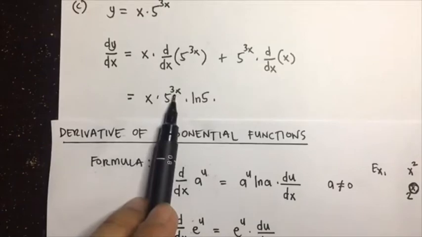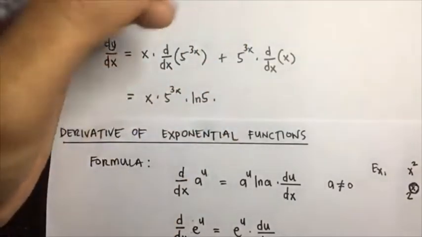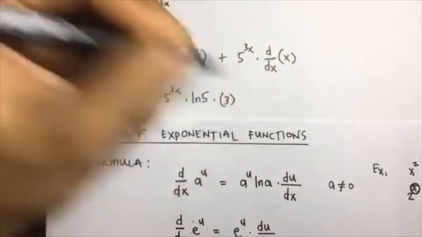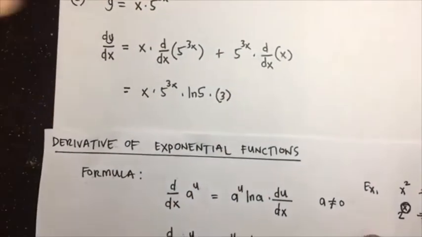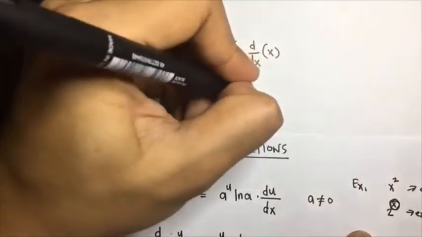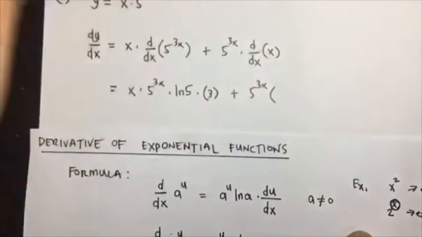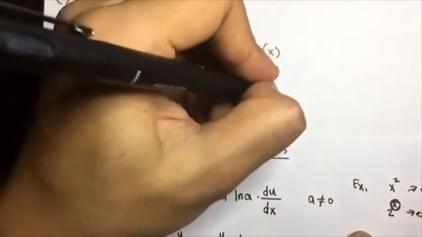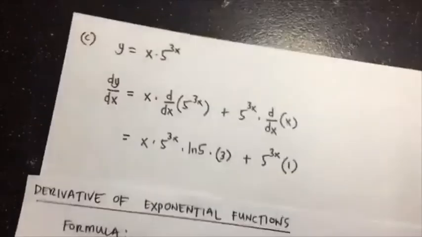Our u here is 3x, so the derivative of 3x with respect to x is 3. And then plus 5 raised to 3x, times the derivative of x with respect to x, which is 1.